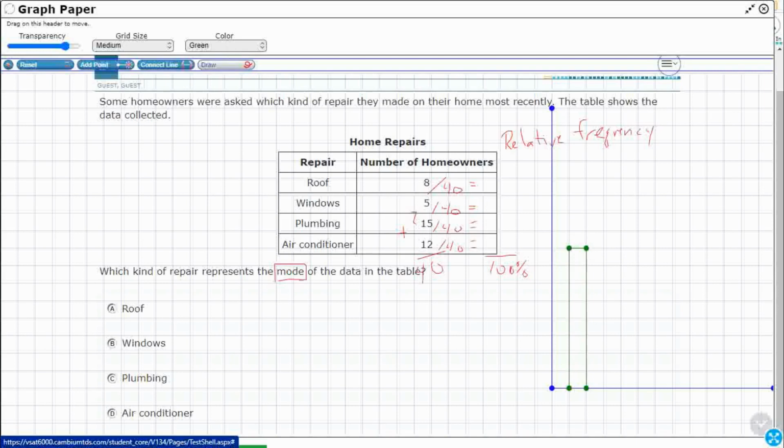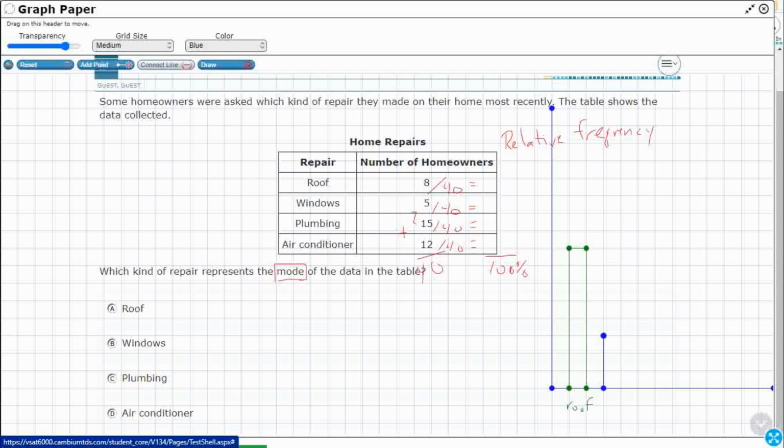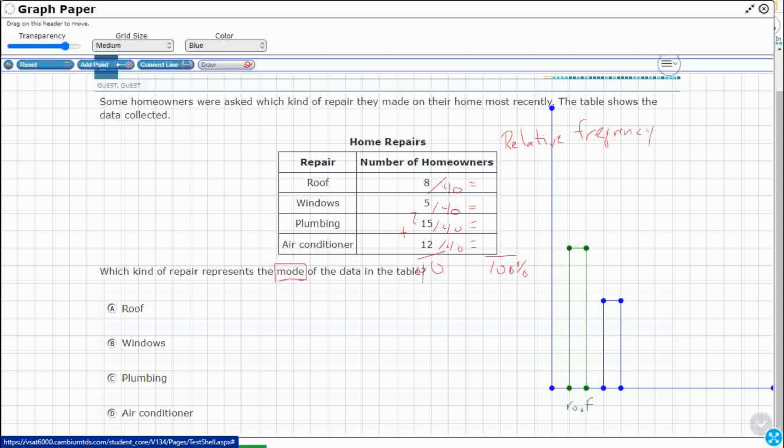But even if we were to draw all of these, that might not help us. But let's go ahead and just draw these so we can visually see how they all compare. 1, 2, 3, 4, 5. Because with this standard, that's really what we're doing, we're looking at the distribution of the data. So I'm going to put a W there for window because that's too long to write.